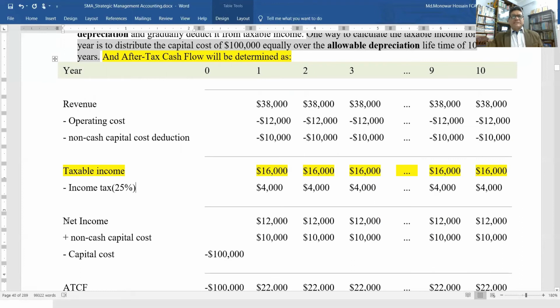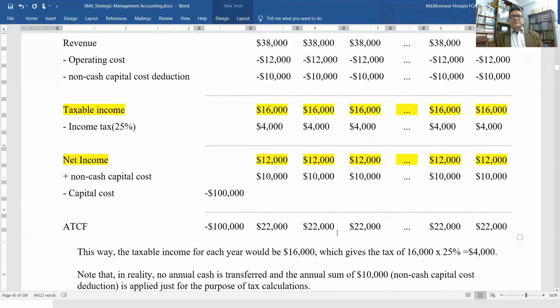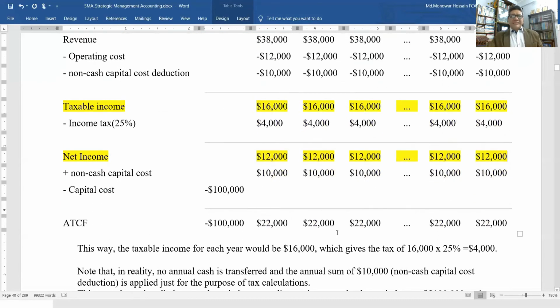So net income after tax is 12,000 per year. Then again, we have to add back the depreciation, 10,000.